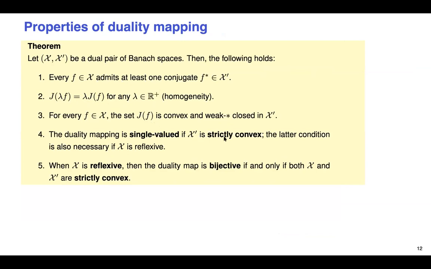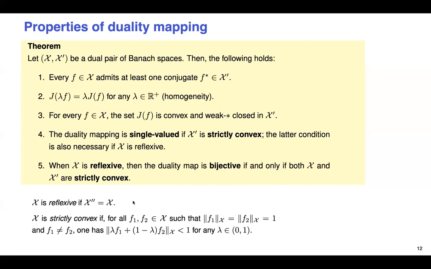It is single valued when the space is strictly convex. And if the space is also reflexive, then in fact there's a bijection obtained with this duality mapping. For reference, I remind you that a space is reflexive if you take the dual of the dual and you're back to where you started. Strict convexity we'll also see a little further, but it's given by this definition here.